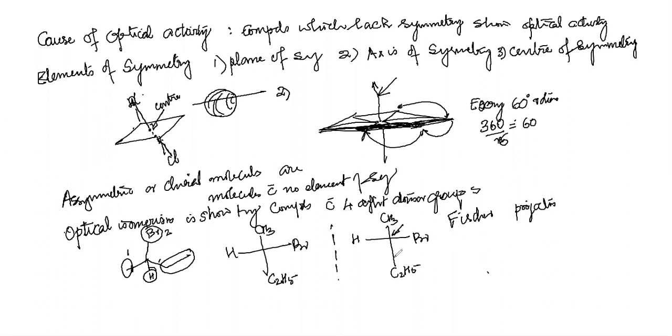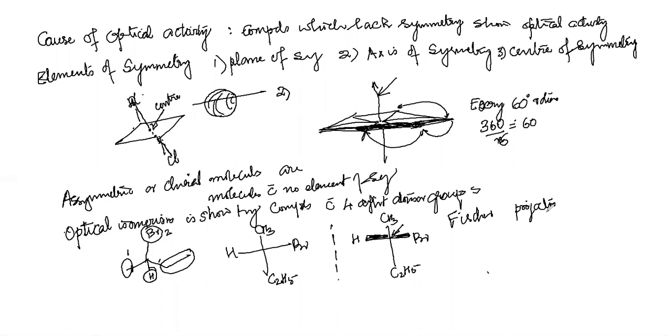Okay, so that is this way of representation. This means that this bond is towards you. It is actually this one. This is darkened. And so these two are enantiomers. One of them is dextrorotatory, the other is levorotatory, but you cannot say which is which unless you have data in the literature or you know it.